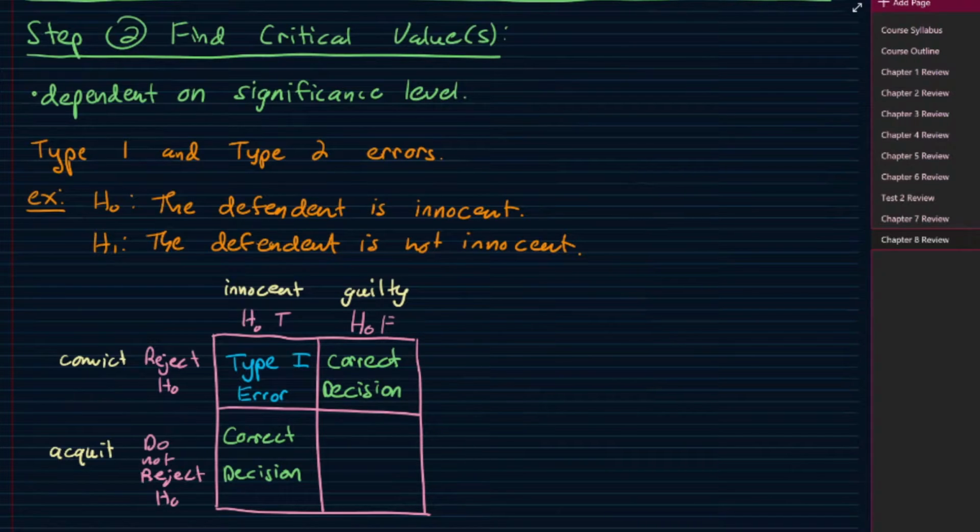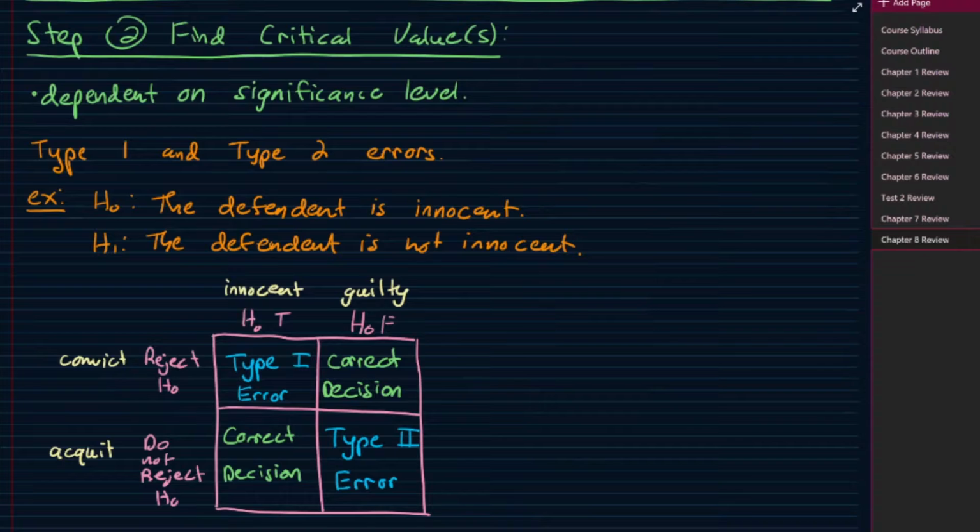However, if the person's guilty and we acquit them, this is another type of error that can occur. This is called a type 2 error. They use Roman numerals usually. And so a type 2 error, a guilty person being acquitted, a lot of times that can happen as well.